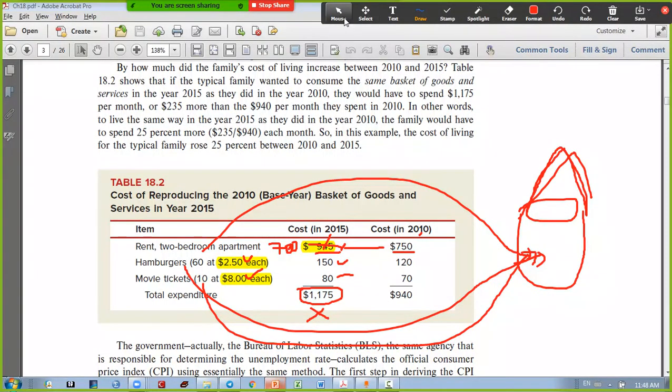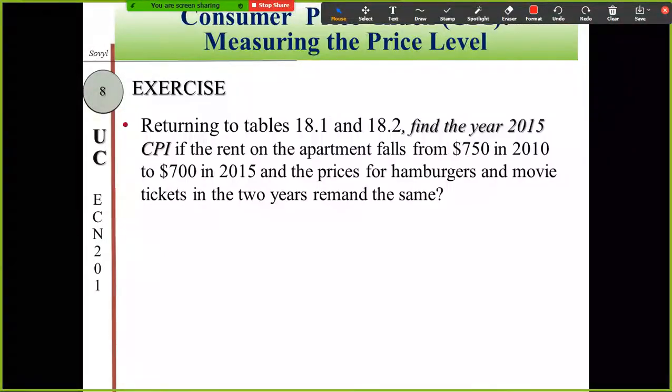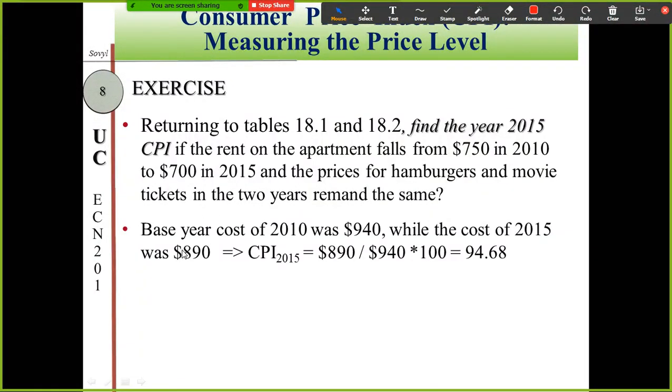The new case will be 890. The base year cost of the basket in 2010 is 940, as you can see from the table I just showed, while the cost of the basket in 2015 is only 890.